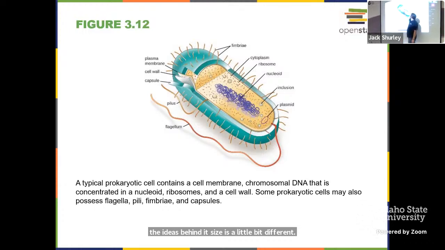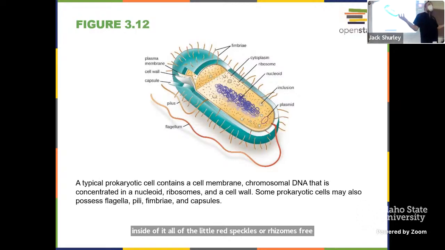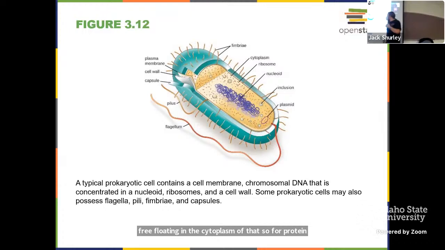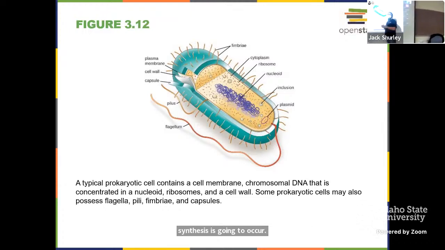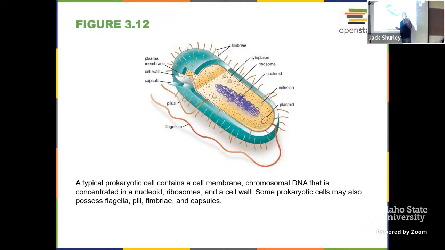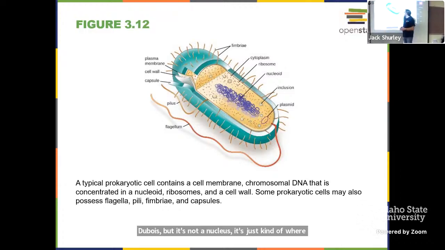Inside of it, all of the little red speckles are ribosomes free floating in the cytoplasm of that cell where protein synthesis is going to occur. The chromosome, a single circular chromosome, kind of in the center of the cell. We say that region is the nucleoid, but it's not a nucleus. It's just kind of where we sort of expect to find it, right?